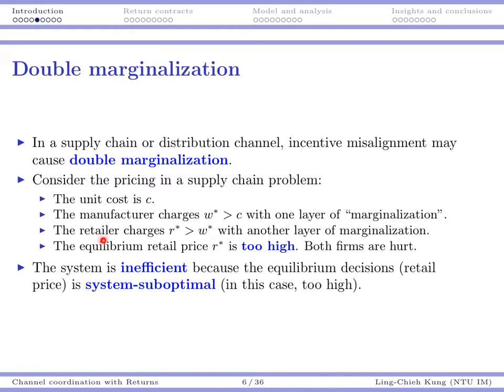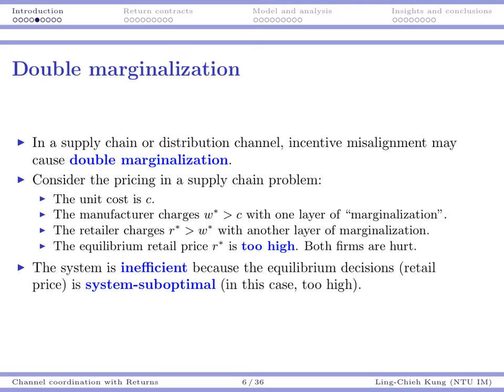Then the retailer will add something to the wholesale price to make the retail price. So we have one layer of marginalization and another layer of marginalization, two layers of marginalization. That's double marginalization, and it makes the retail price too high. Here, too high simply means it's inefficient.